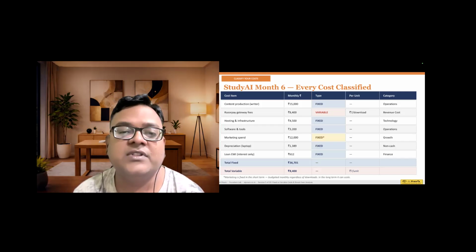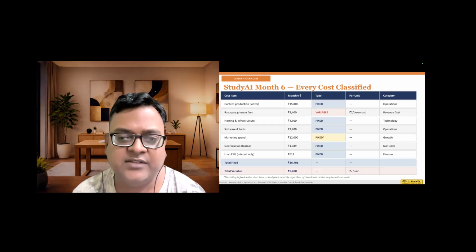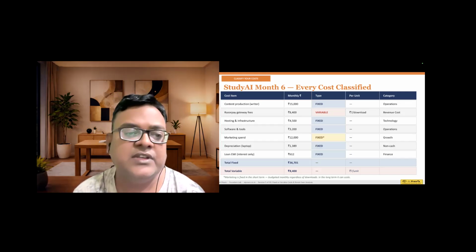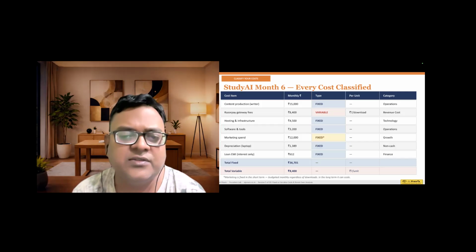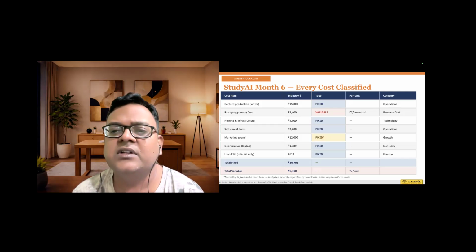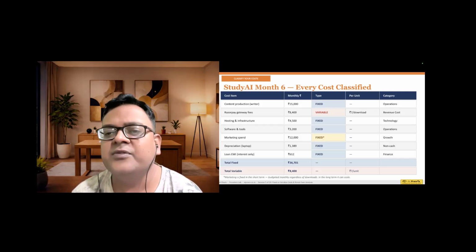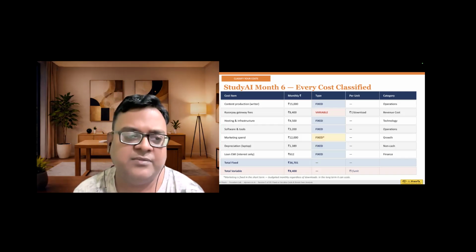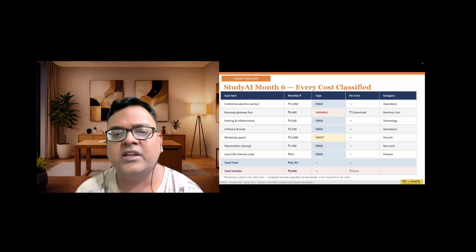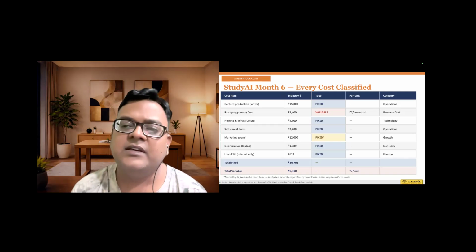So this type of cost is fixed. And this is the operations part. The category is operations. The Razorpay gateway fees, which is 8,400. And this is variable. Okay, 7 rupees per download, 2% if you take, and which is revenue cost. So here the selling price was 99 rupees, if you may recall, and therefore the 7 rupees is coming.